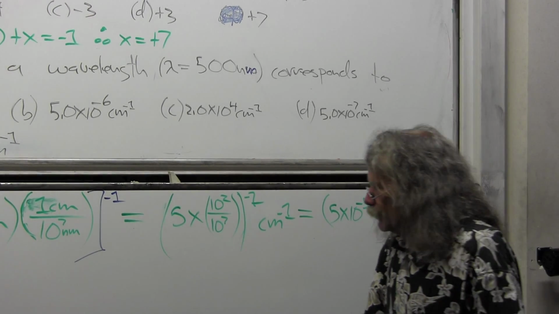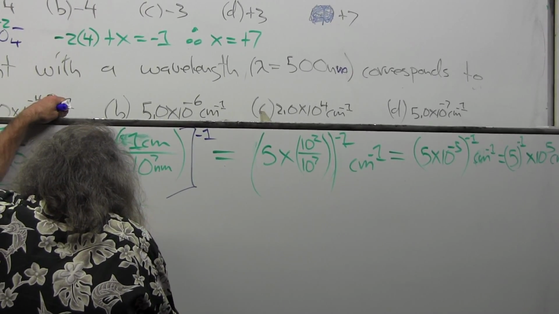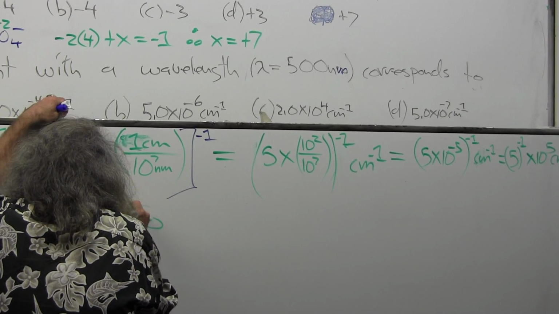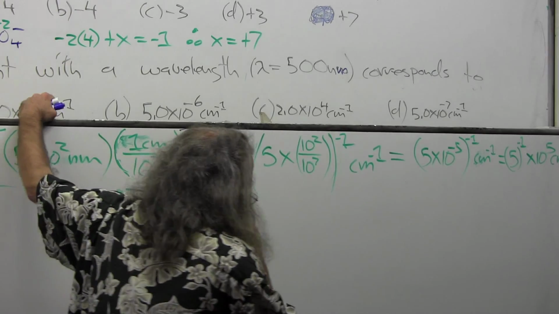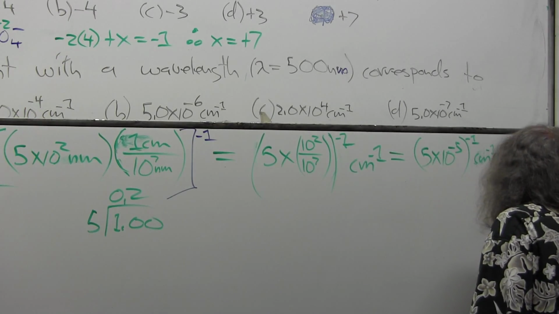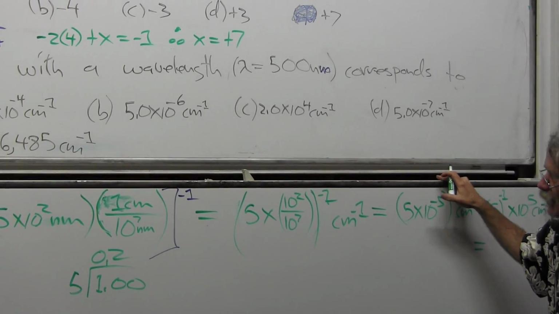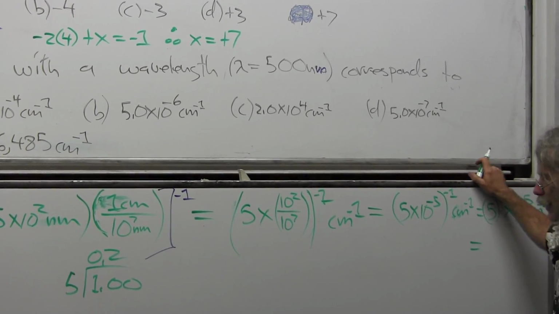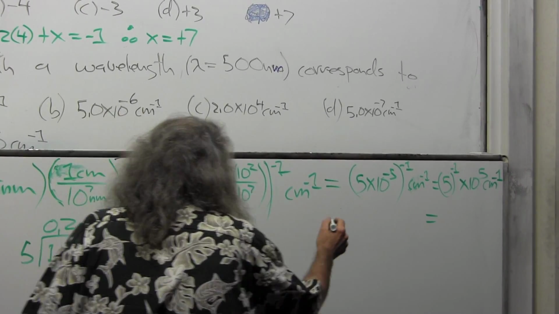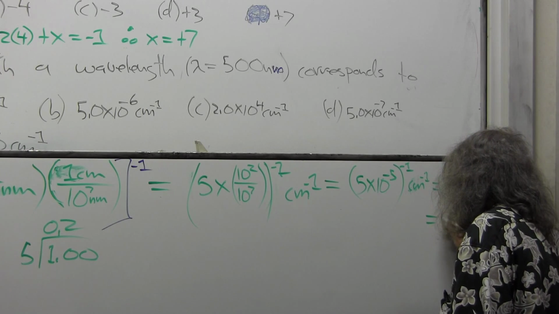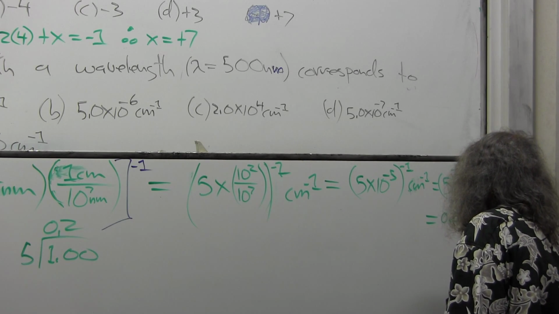Well, that's pretty easy. 5 goes into 1.00, 0.2 times. So this is going to be equal to, although we can already answer the question by looking at, well, no, I guess we can answer the question. That means that the answer here is equal to 0.2 times 10 to the 5th reciprocal centimeters.